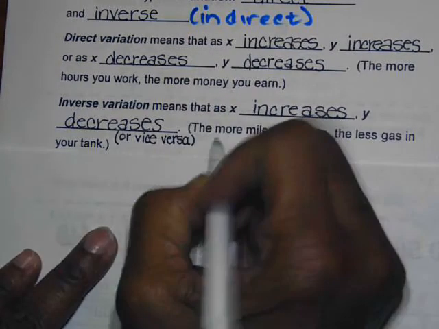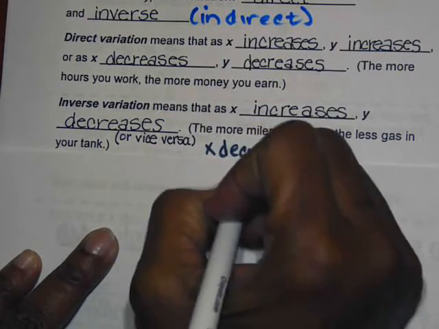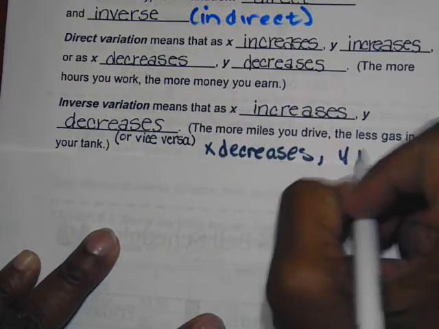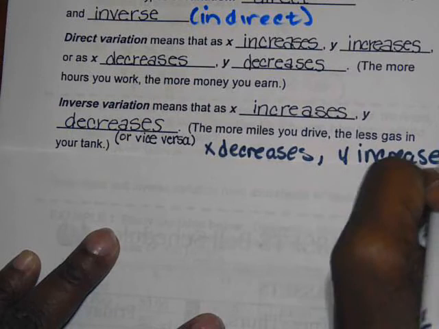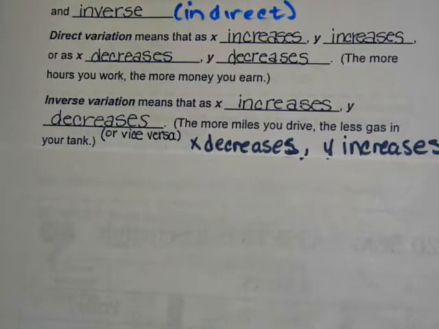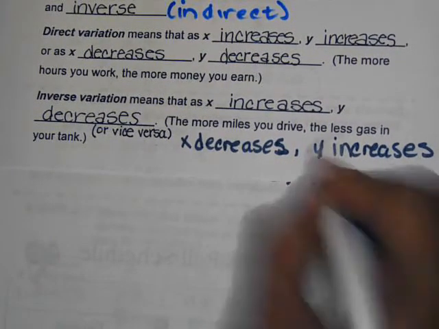I'm going to go ahead and write it out, and that is as x decreases, y increases. That way, when it says vice versa, you don't have to think about it. You can just read it.